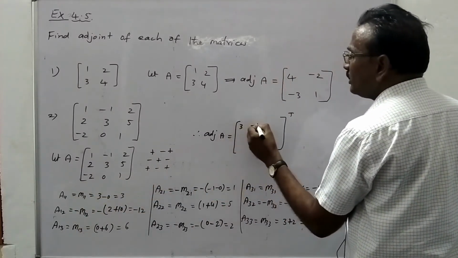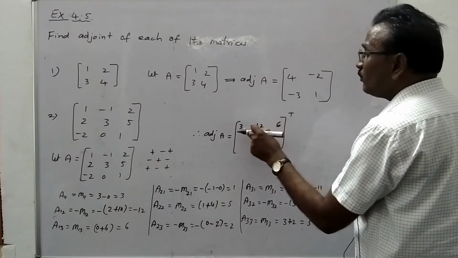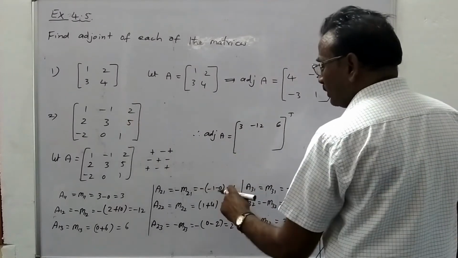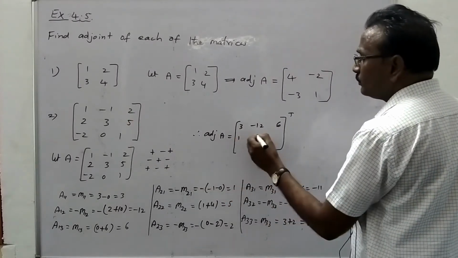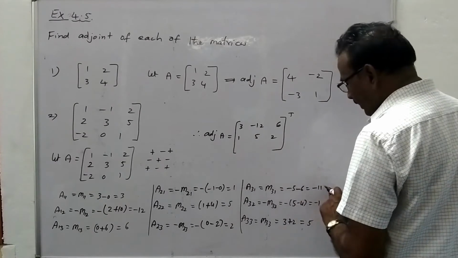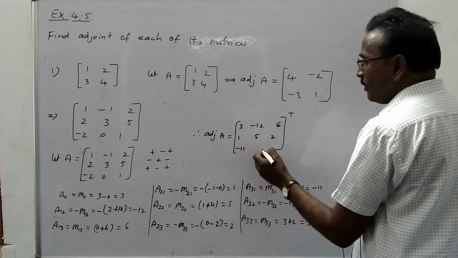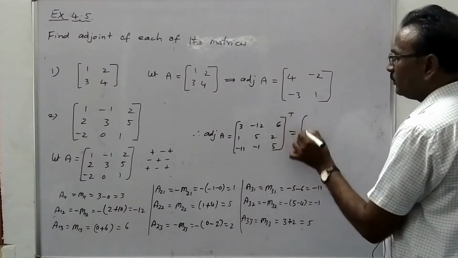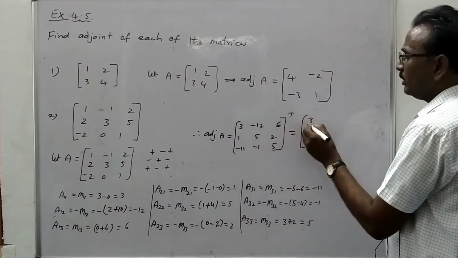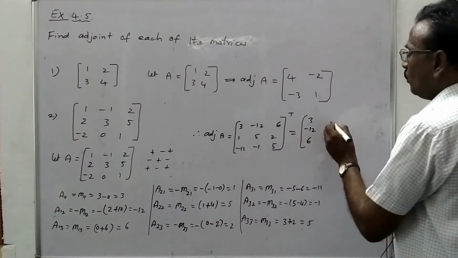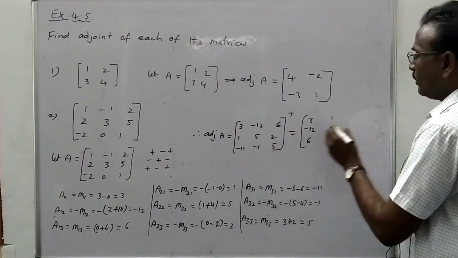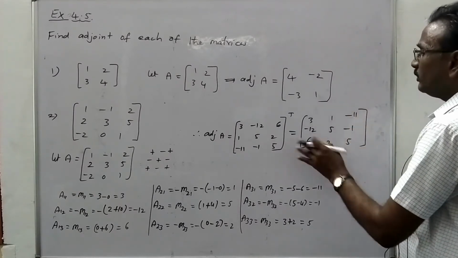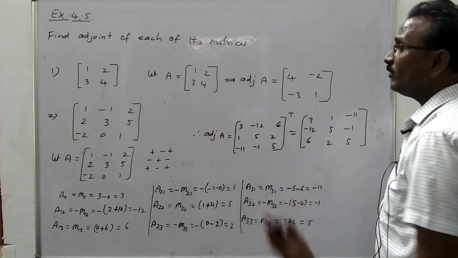The transpose of the cofactor matrix is called the adjoint of A. Second row cofactors are 1, 5, 2, third row cofactors are minus 11, minus 1, 5. So transposing this matrix, we write the first row in the first column: 3 minus 12 6, 1 5 2, minus 11 minus 1 5. After transposing we get this matrix, which is called the adjoint of matrix A.